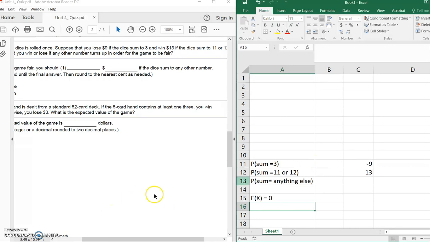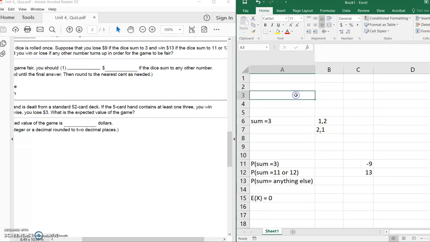So when you roll 2 dice, how can you get a sum of 3? So sum equals 3. How can that happen? You can roll a 1 and 2, right? Or a 2 and 1. You can't roll anything else that gives you a sum of 3.